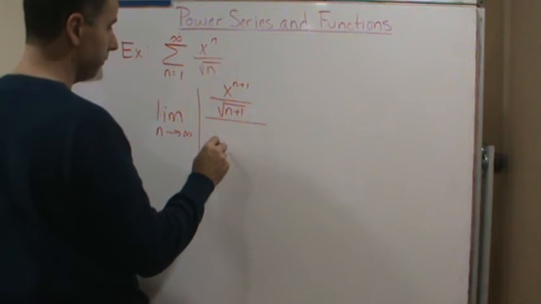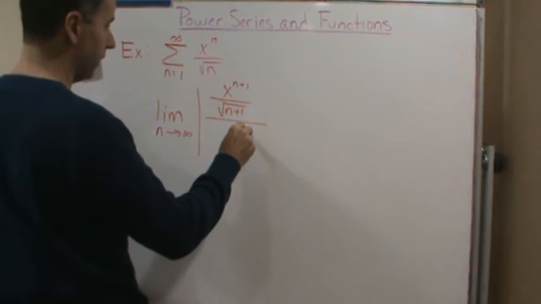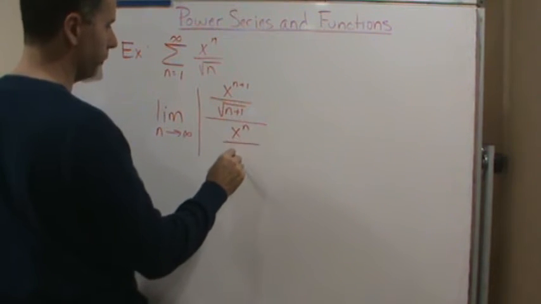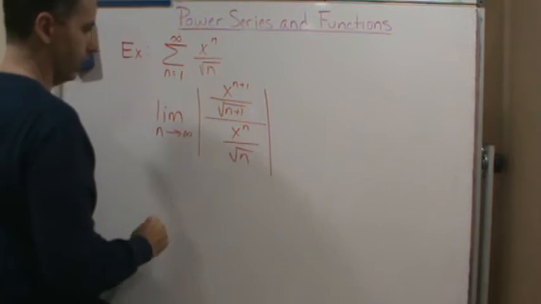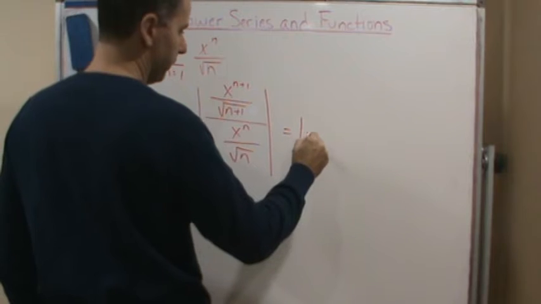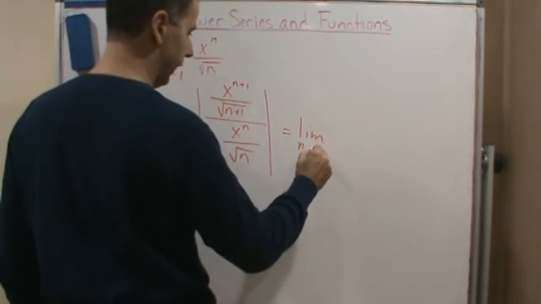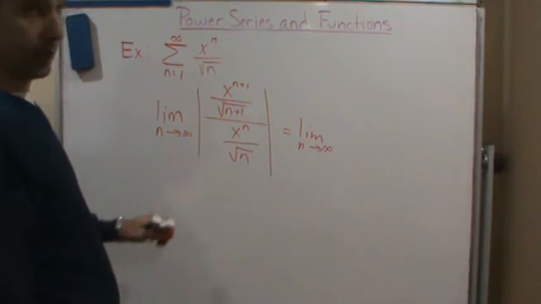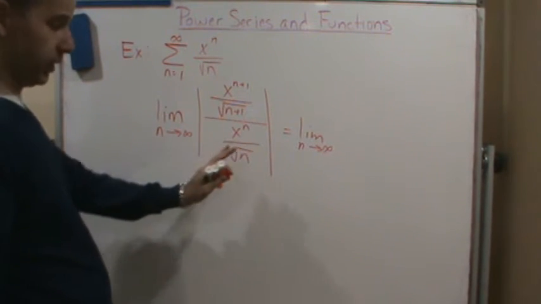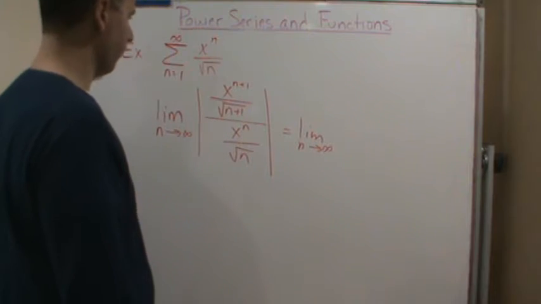And then on the bottom we have x to the n over the square root of n. And so this is going to be the limit as n approaches infinity, right? So again, what are we doing this for? Is we're looking for absolute convergence.